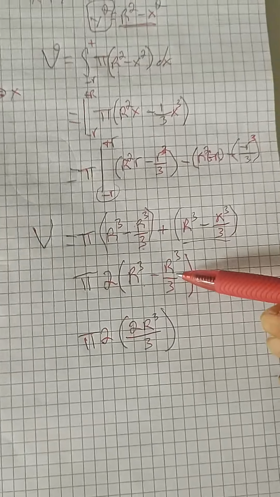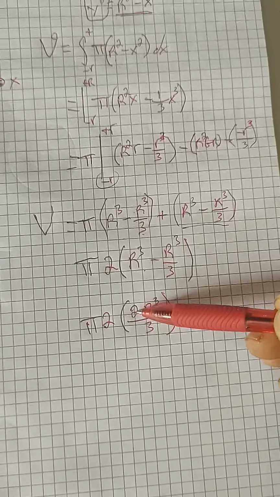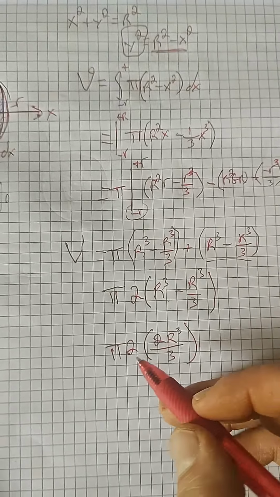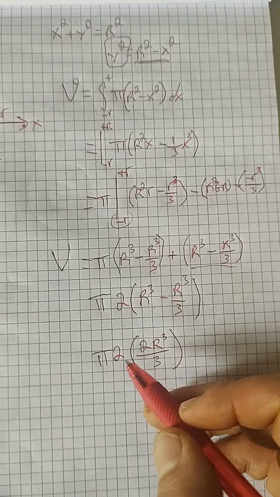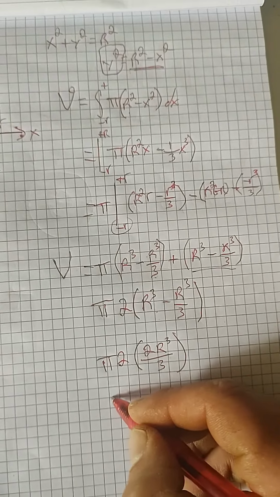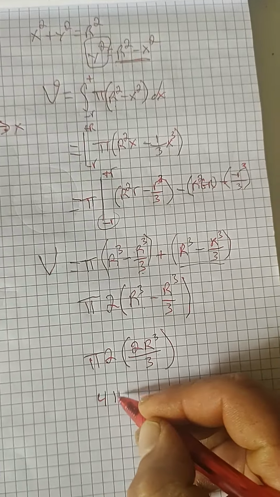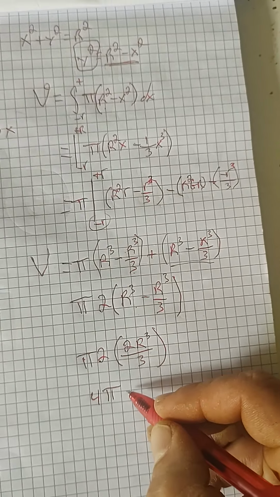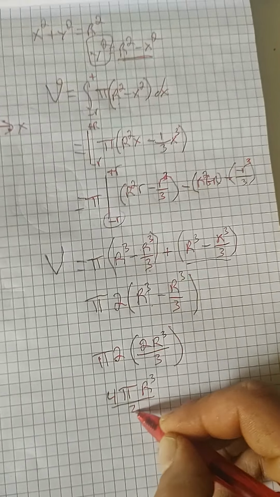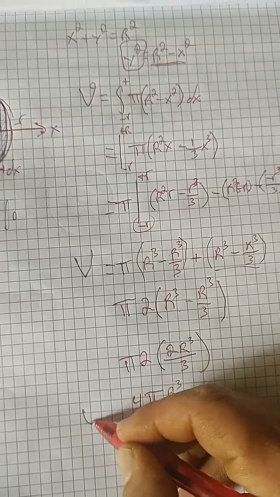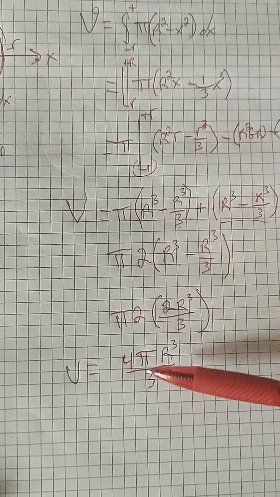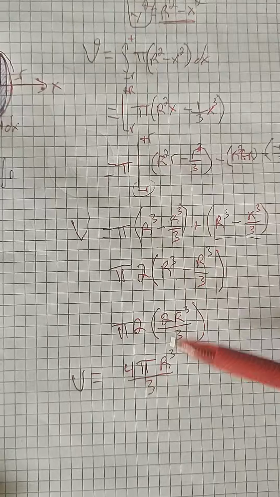We have 3 of something minus 1 of something, so we end up with 2 of those somethings left. 2 times 2 is 4. So we end up with 4 times pi times r cubed over 3. That's the volume of a sphere: 4/3 times pi r cubed.